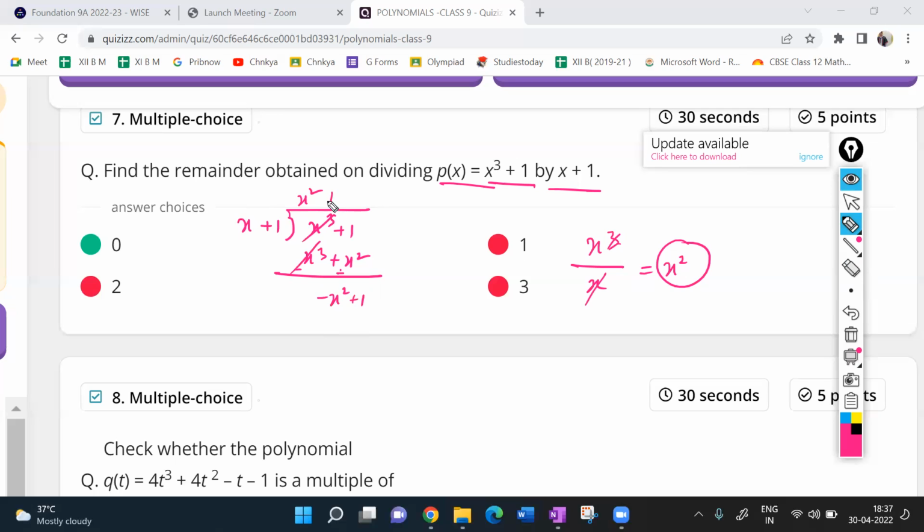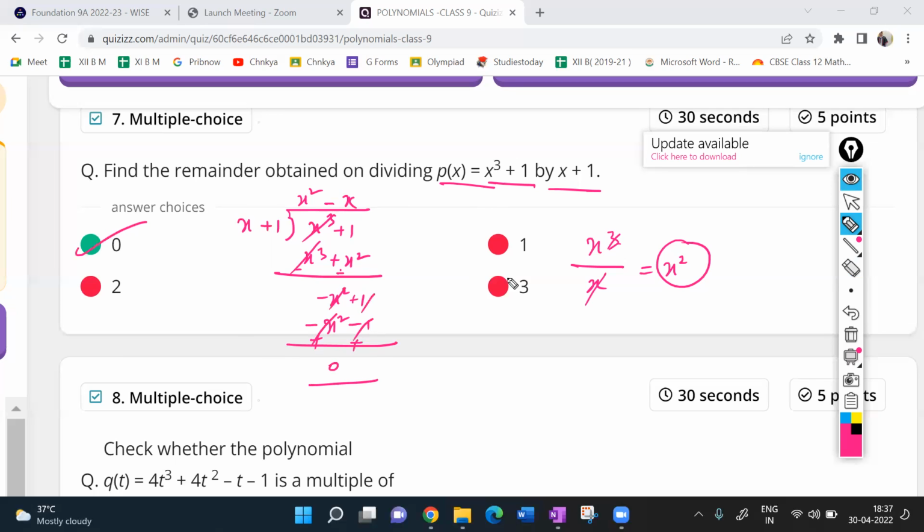Now with x, so plus x. It should be minus x here. No problem, I'll discuss again. Now minus x square minus 1. So plus here, plus here, so this will get cancelled. The remainder is 0. Option A is correct.